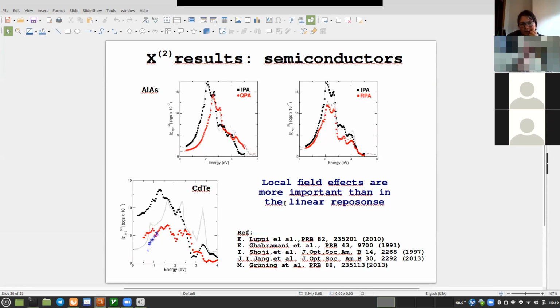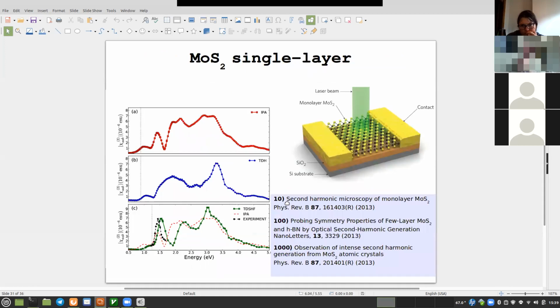And these are the experiment, for example. You can also do the calculation at different levels of theory. This is, for example, the nonlinear response of molybdenum disulfide at the independent particle level using TDHartree and including TDHartree plus screened exchange. And this is the experiment, in black. So it was not bad.